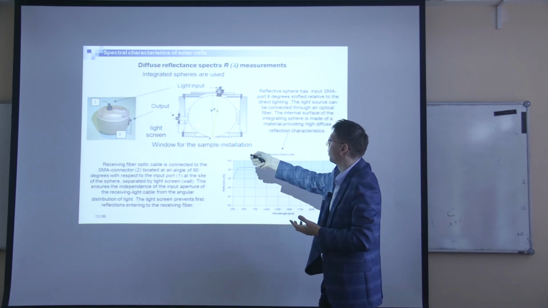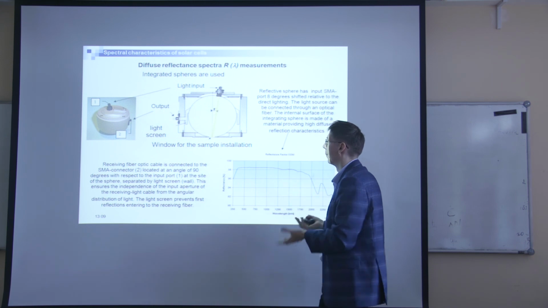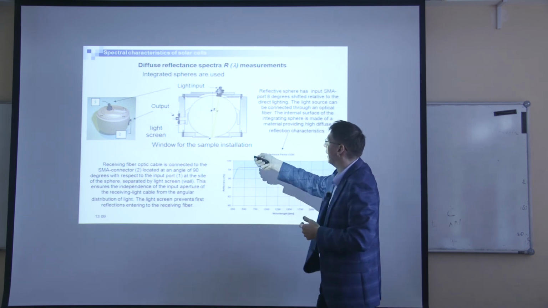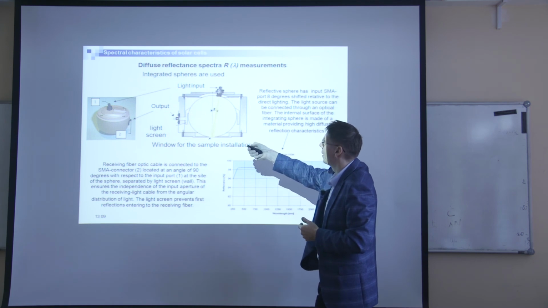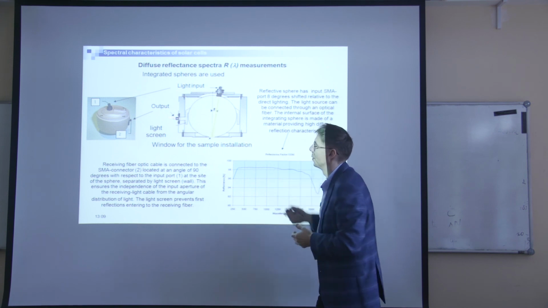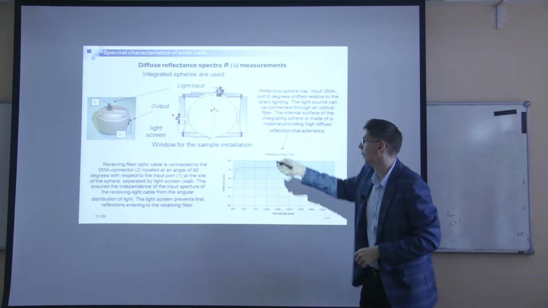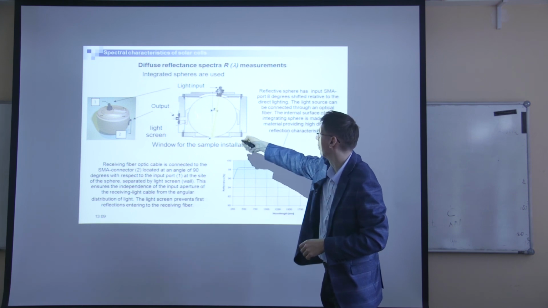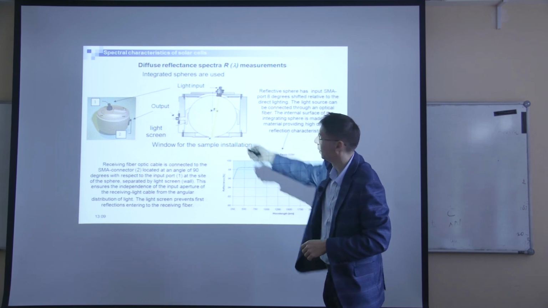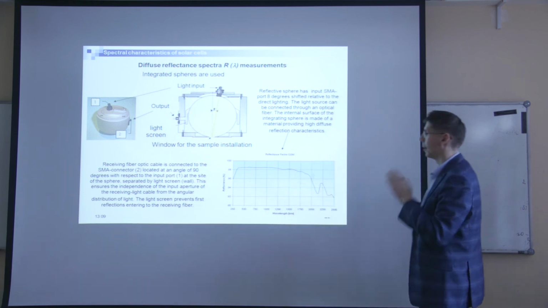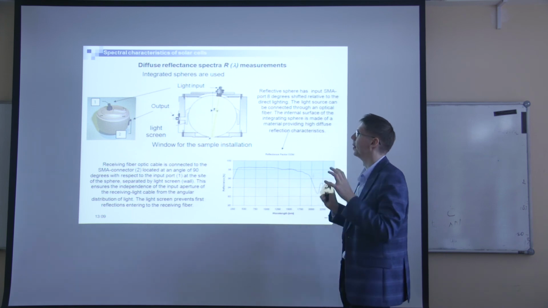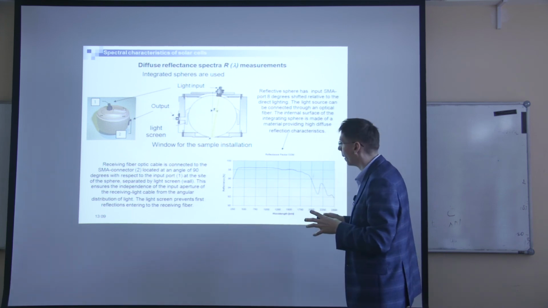So we have a reflection in any direction, and then this light reflects, and it comes to this output, and you have to use this kind of trap to avoid that there is some reflection like this, just diffused, to be sure that you have just diffuse reflections.